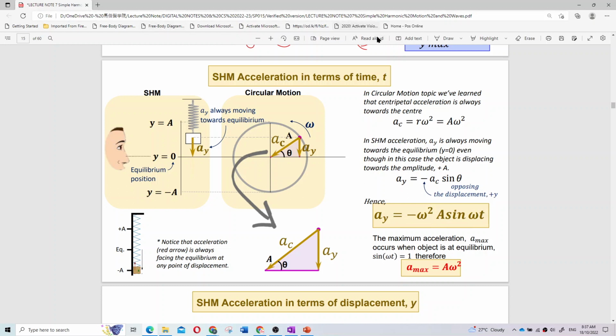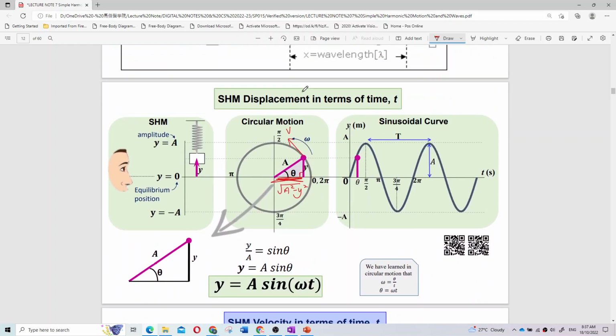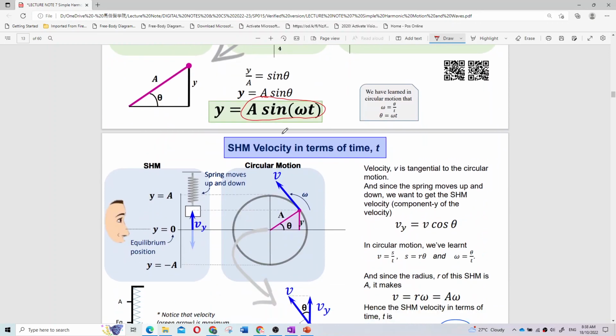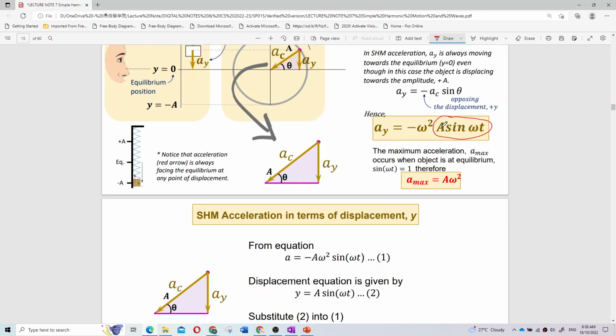Do you notice something over here? Here we have a sine omega t. It is similar to our displacement equation. a sine omega t is y. Here, a sine omega t is also y. You understand?